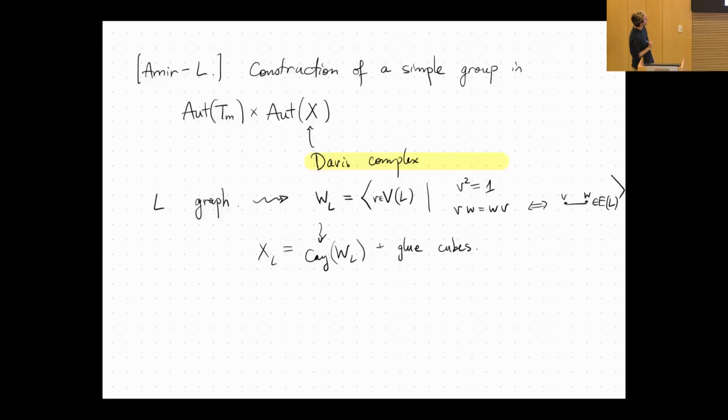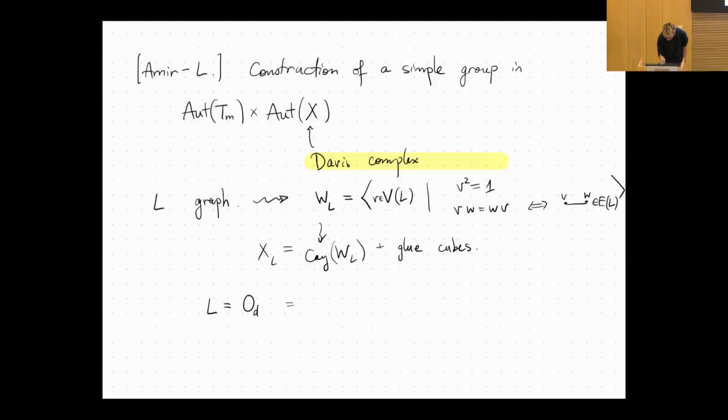So what we did is we built examples of simple groups in such products where this L is the following graph. It's called the odd graph, and we saw it. You talked about the Petersen graph. The general construction is called odd graphs, a subfamily of Kneser complexes.